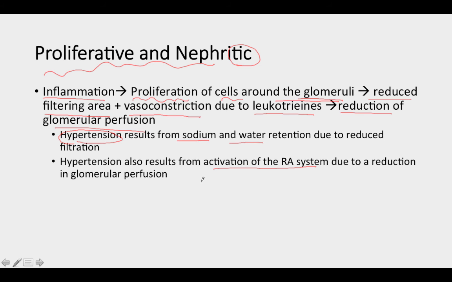The renin-angiotensin system really gets activated when the cells around the glomerulus, remember the juxtaglomerular apparatus, detect there is less filtration occurring. So the renin-angiotensin also gets activated, and that, as you know, releases angiotensin, which is a vasoconstrictor, releases aldosterone, which will resorb sodium and water, and only exacerbate the hypertension that is already occurring.